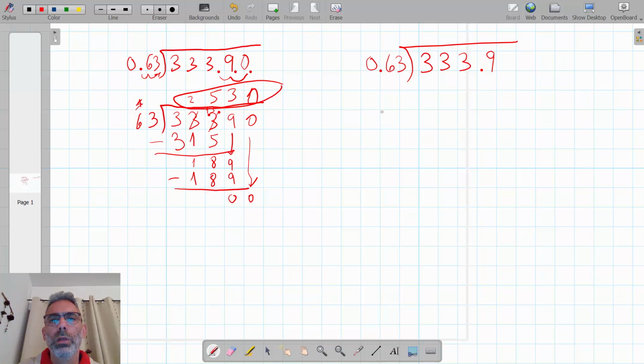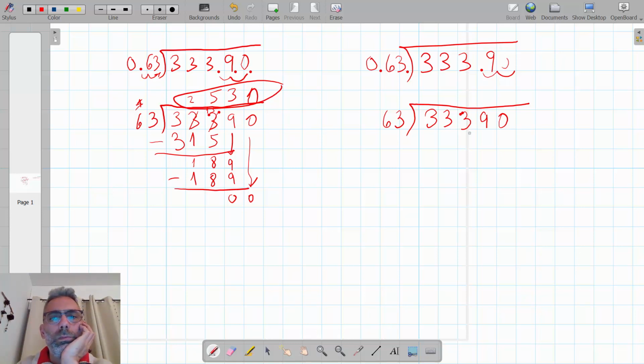So I shift the decimal 2 places to the right, so I get 63 as the divisor. Now I shift the decimal point 2 places to the right in the dividend. So 333.90. This is 1 time, and this is 2 times, so here's 0, okay?